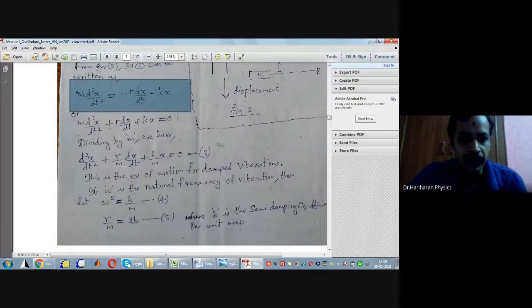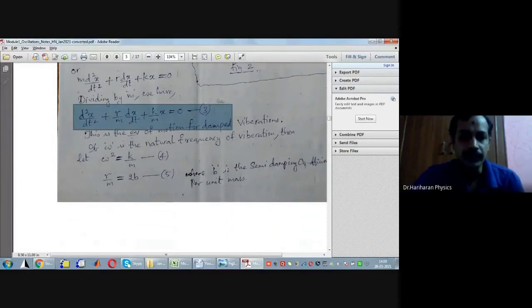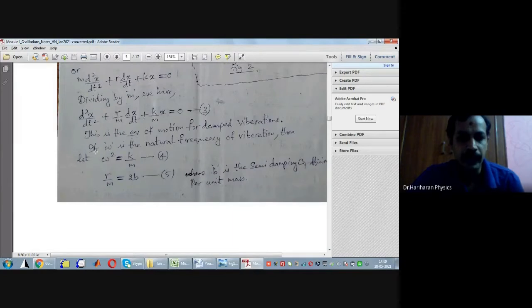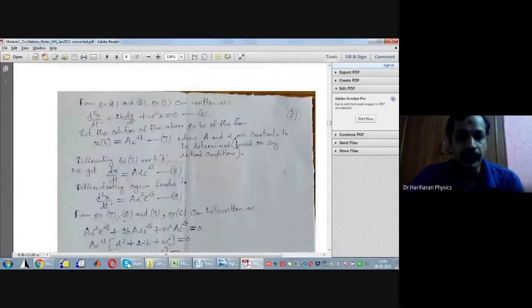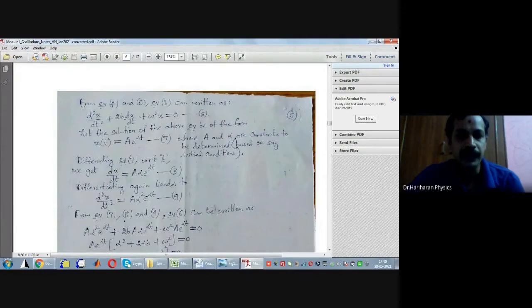Then we introduced two new terms: 2b, which is given by r by m, and omega square, the natural frequency of vibration, which is given as omega square equal to k by m. Then when we plugged it back, the same equation 3 was recast in terms of b and omega square.